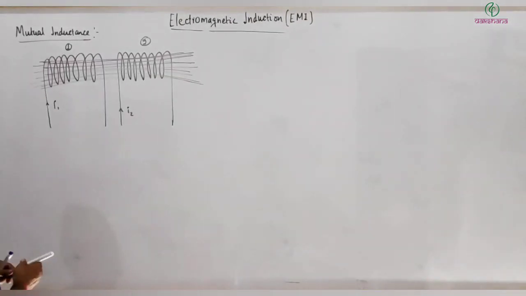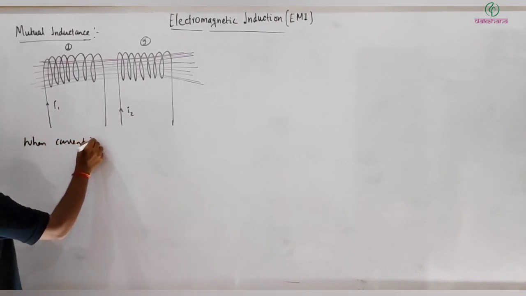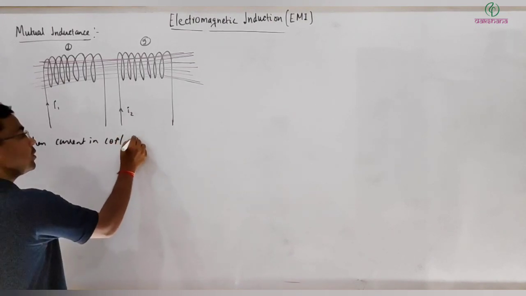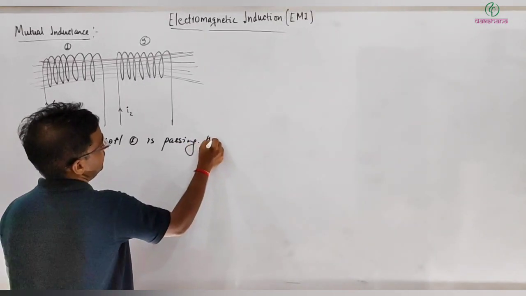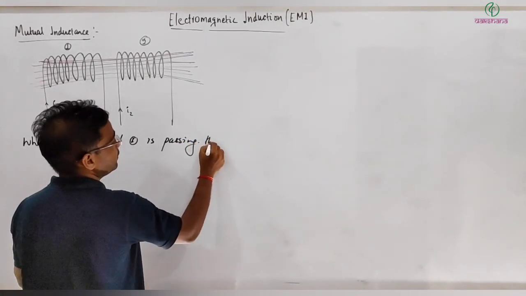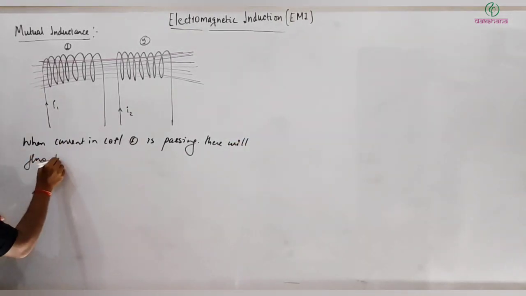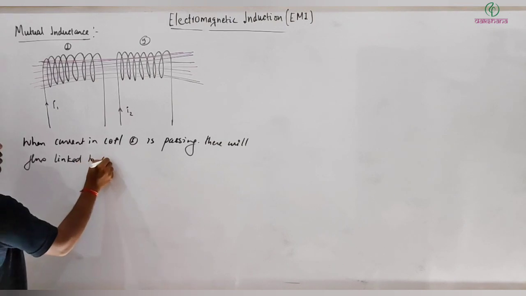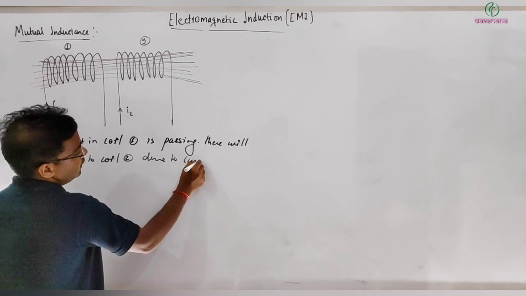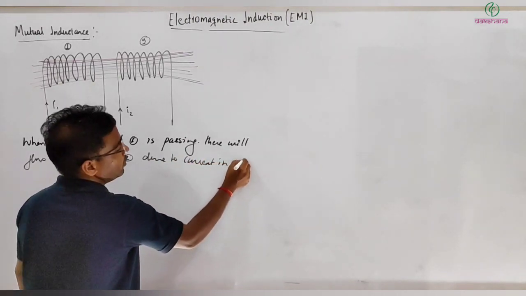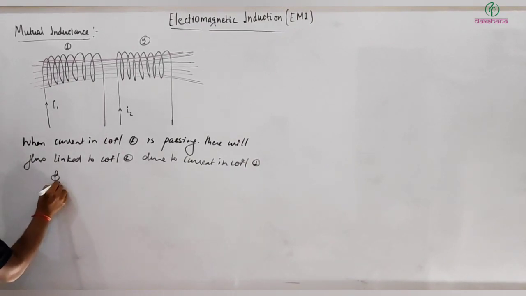So the point here is that when current in coil 1 is passing, there will be flux linked to coil 2 due to current in coil 1, right? And I can write, let me write this phi 2 1.